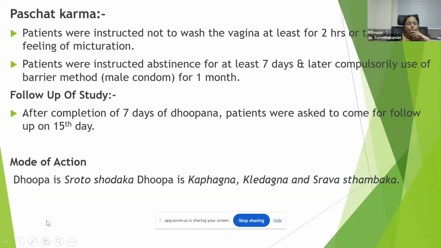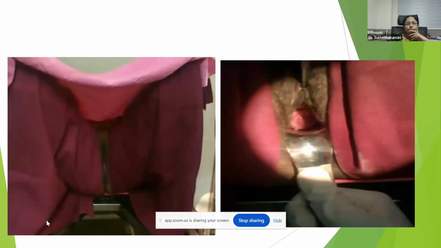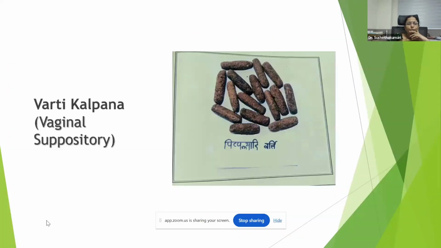Now coming to the mode of action, dhupana is shrotosodaka, kaphagna, kledagna and srava stambaka. So this is especially beneficial in pelvic infections. Next, coming to the Varti Kalpana, we can call it vaginal suppositories.